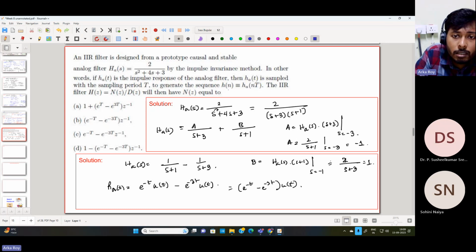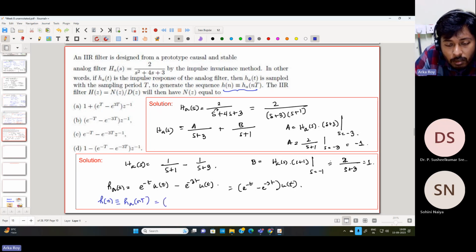Now they have given this particular relation that we have already seen in question 2. So h(n), the digital or discrete signal, is equivalent to the sampling of the analog signal with a period of T. So I can write h(n) equals h(nT).